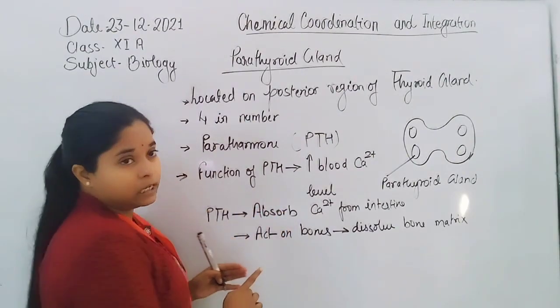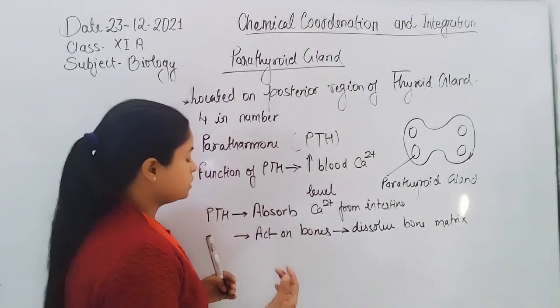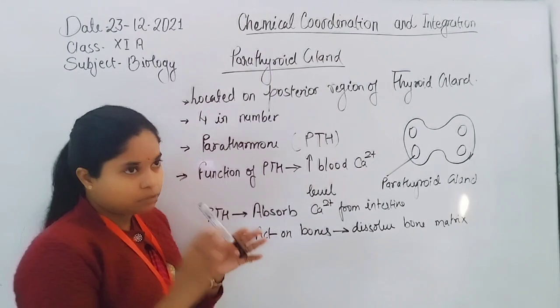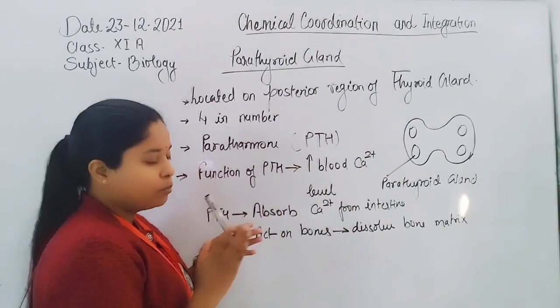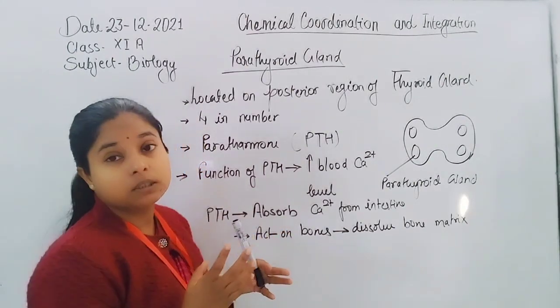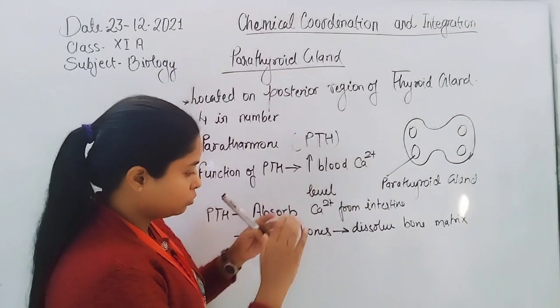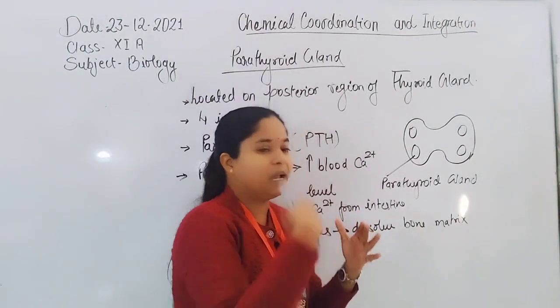They increase the calcium ion by absorption of calcium ion from the intestine, and because calcium is deposited by thyrocalcitonin, and bone is formed by calcium and phosphate ion, the hard matrix is formed by them. So through dissolution of the bone matrix, the calcium ion is released into the blood.